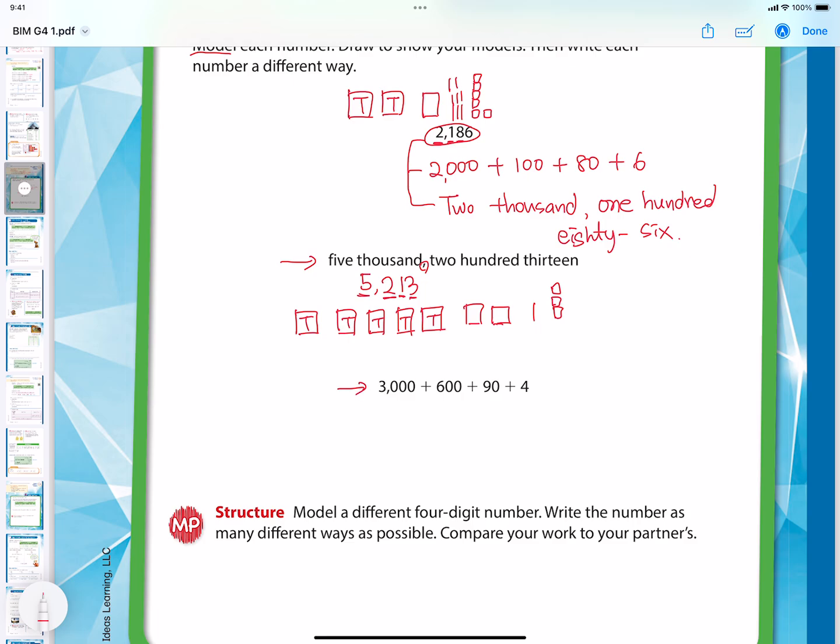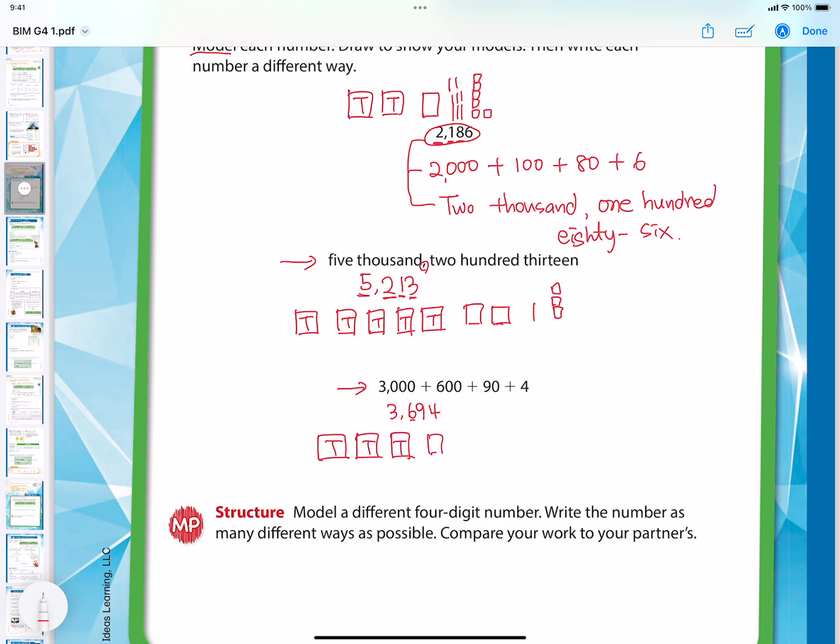They wrote this in expanded form, and I'm going to convert it into standard form, which is 3,694. All right, and I'm going to model it. 1, 2, 3 thousands, and how many hundreds?